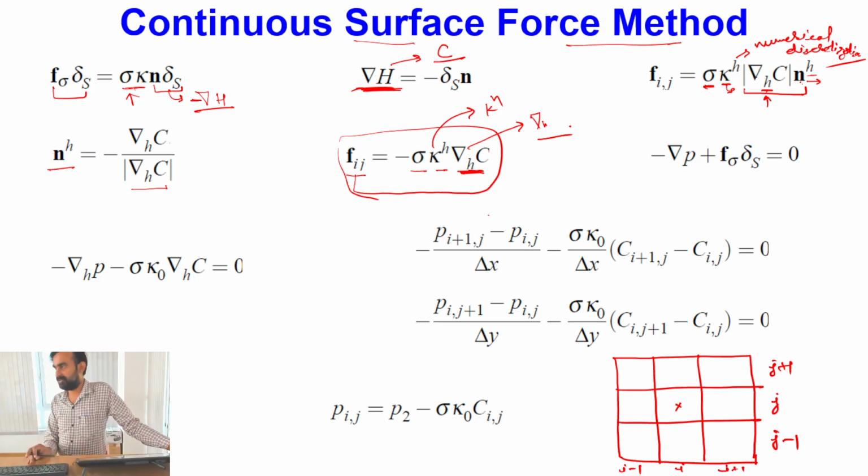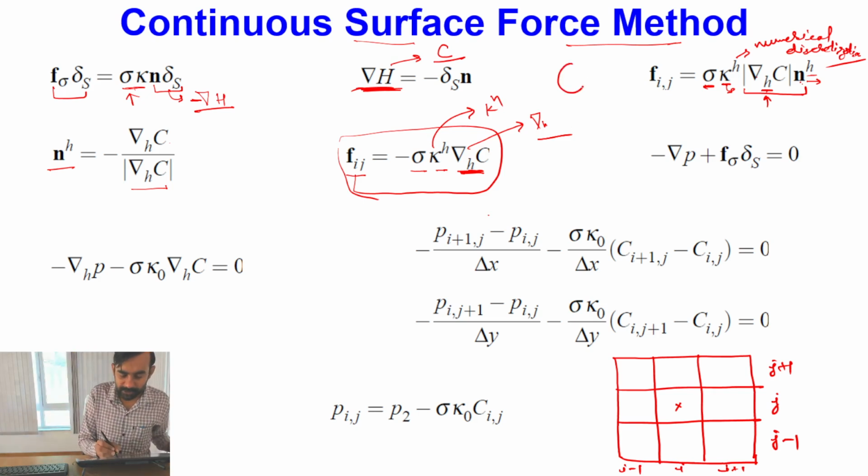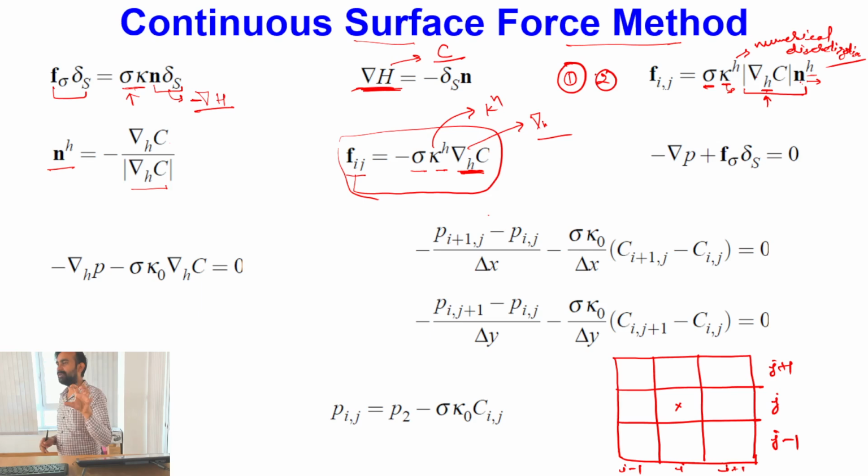Now let's try to understand this situation for a stationary fluid particle. Consider that I am having either a drop or bubble, which can be given as fluid 1, and outside is fluid 2. And this bubble or drop is just stationary, present in any of the fluid medium.